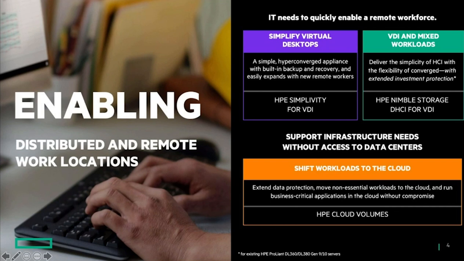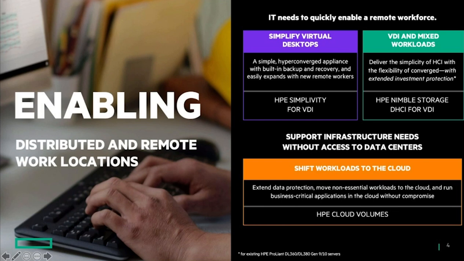More specifically, HPE SimpliVity for VDI enables businesses to rapidly deploy virtual desktops with predictable performance on a simple all-in-one hyper-converged appliance. You get added benefit from built-in backup recovery, industry-leading data efficiency, and single-click lifecycle management.